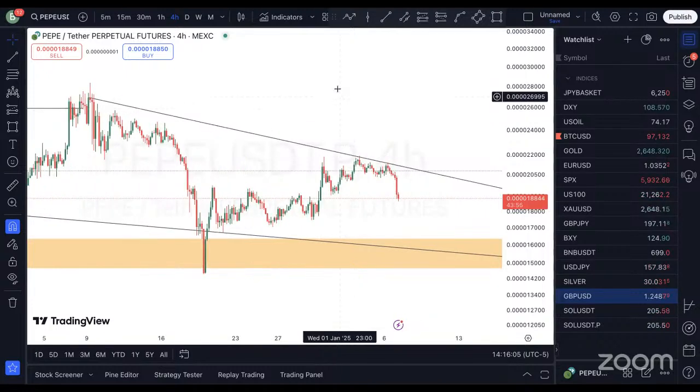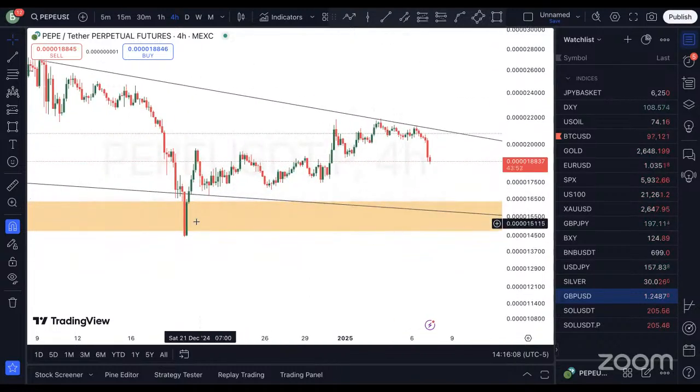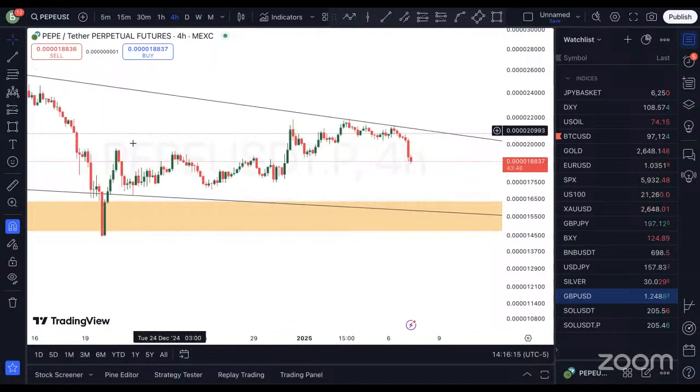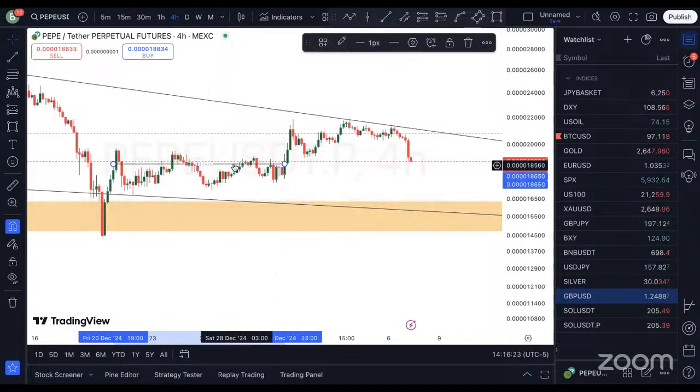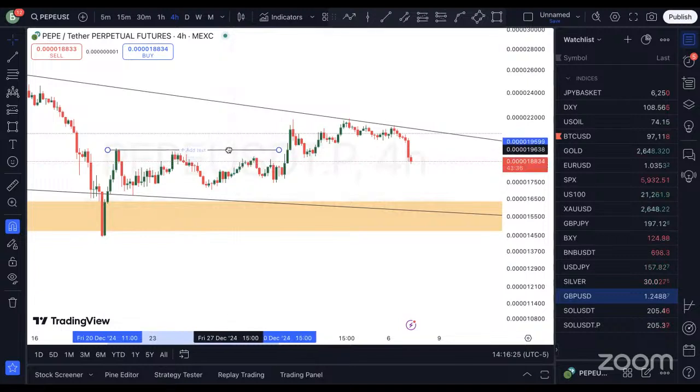So if we have this structure like this, and we have this support that was rejected nicely like this, price pushed back up, formed here, and the break of structure happened here, clearly broke the structure. Take note of it. The structure was broken after the support was rejected. Don't underlook it.